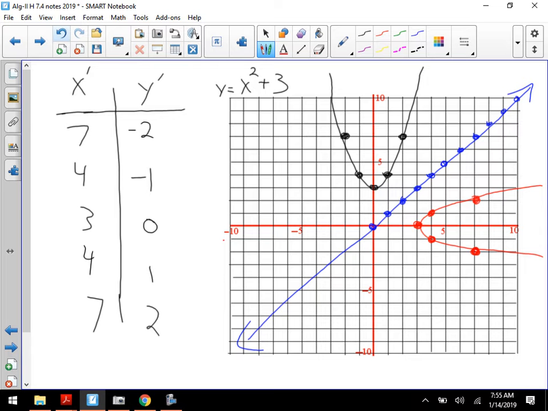The line y equals x. Now, when you look at these two, do you notice anything? What does it look like? Triangles are the parabolas. Is that what you're getting at?